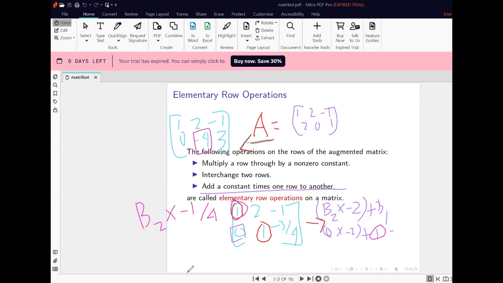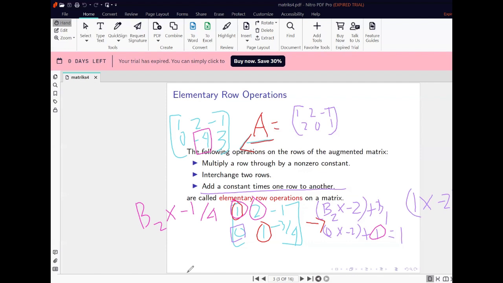For the second column, we change 2 into 0 by using 1 times minus 2, plus 2. This is the 2, and it's equal to 0.